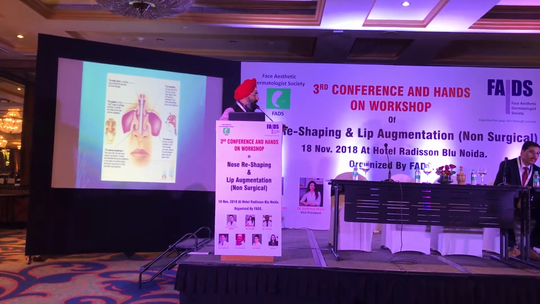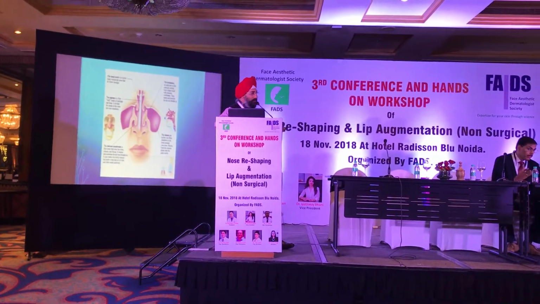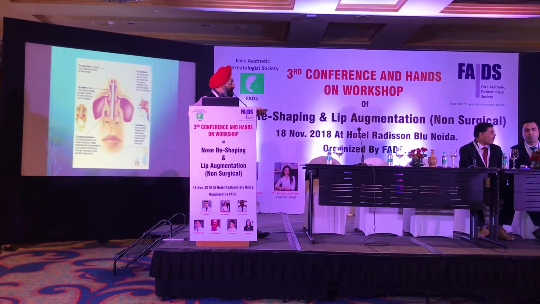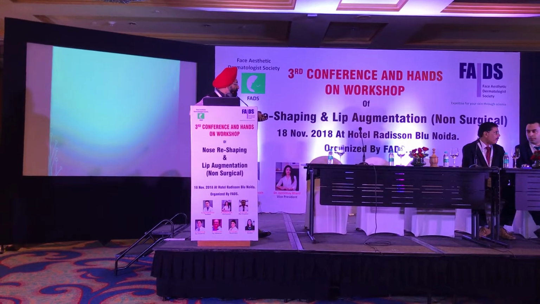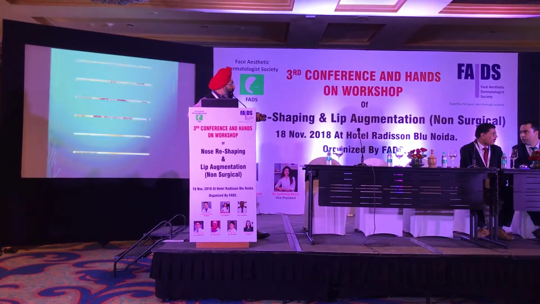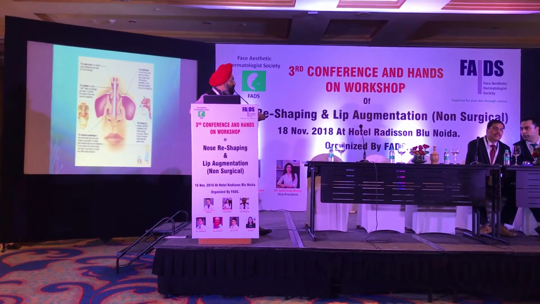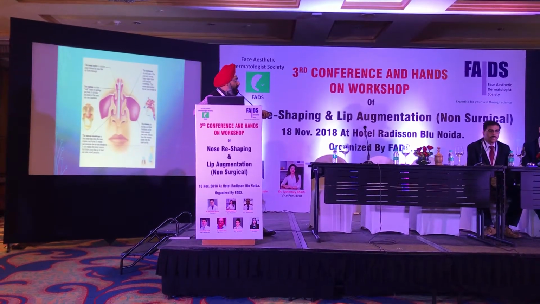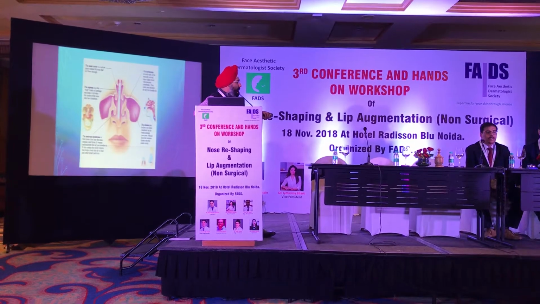Let's talk slightly about the physiology of the nose. The nasal cavity is a hollow cavity, and we have the septum again, which is the centermost point of the nose, or the defining part of the nose, with the cartilaginous part and then the bony part.